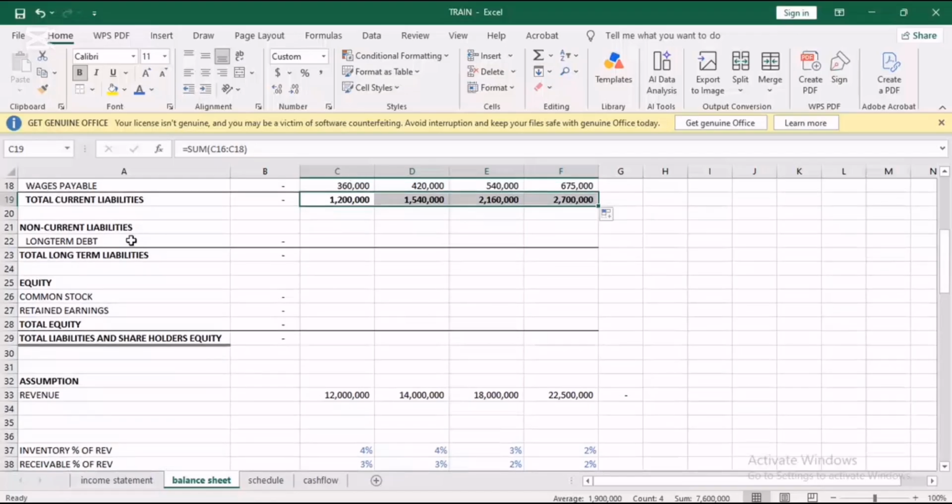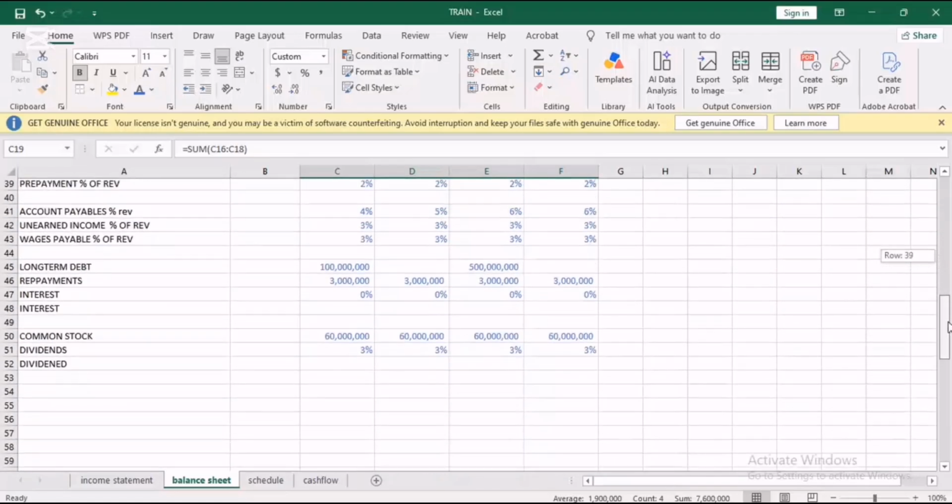The next one is our long-term debt. Definitely we have it forecasted already. So definitely businesses take loans from the bank, long-term, short-term or medium-term, in order to facilitate or enhance their operation. So let's go down and see what we have.